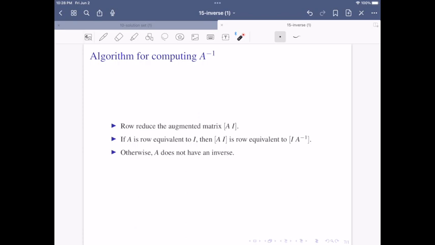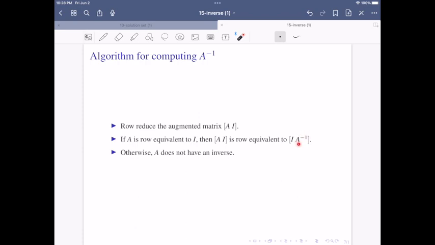The first step, you want to form an augmented matrix formed by A itself and the identity with the same size. And then we do EROs, row reduce, until you get the identity matrix for the first part, and then some other part.